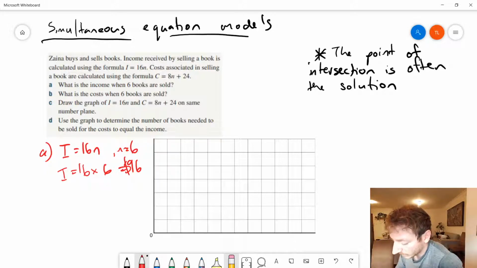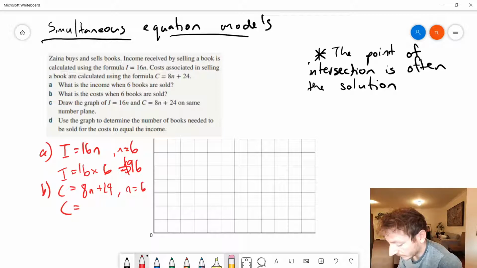B, what is the cost when 6 books are sold? So the costs are 8n plus 24, and we're letting n equal 6. So costs equals, well, 48 plus 24 is 96. Is it? No, that's right, 72.